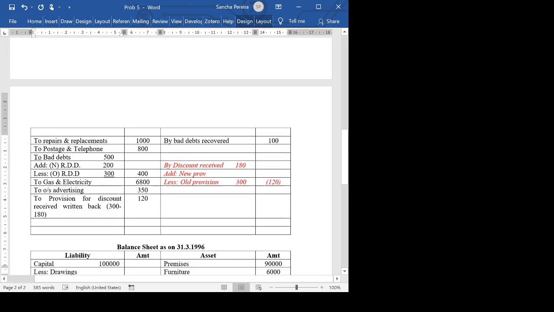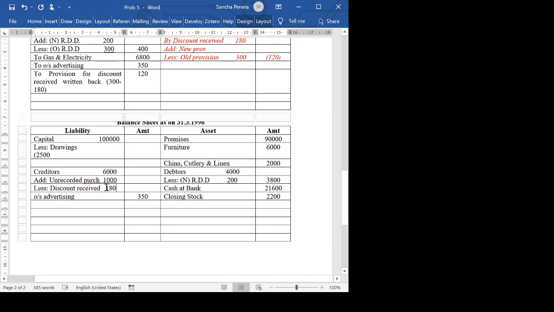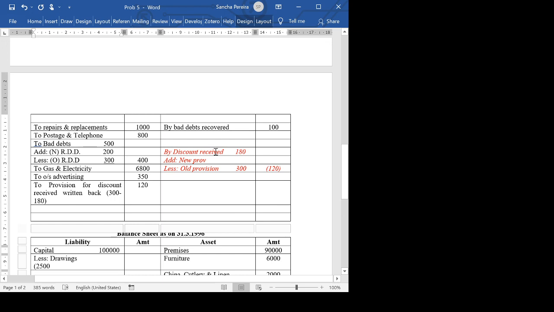Okay, what is the meaning of this? You're expecting to get a discount of 180 from your creditors. So 6,000. Now, by chance you don't get this, again you'll have to write it back like this. Anyone has any questions with regard to this? Please, you are not supposed to show this in the problem.